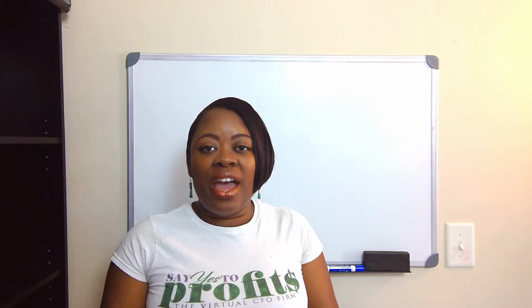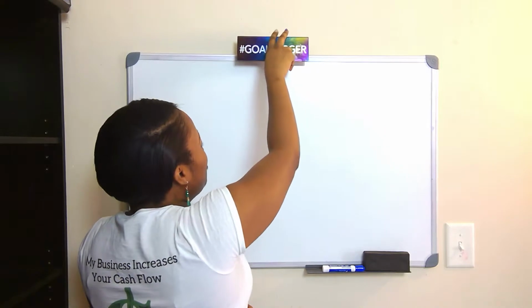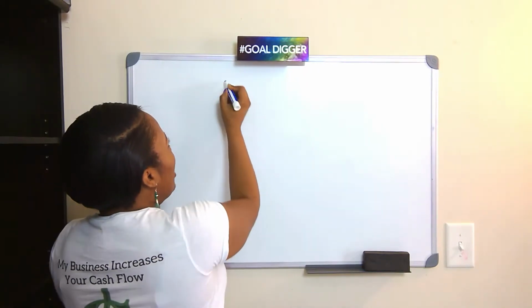Now let's say that you sell this beautiful desk sign. It's multicolor and it has a play on the word gold digger. And let's say you sell this beautiful sign for $1,000.